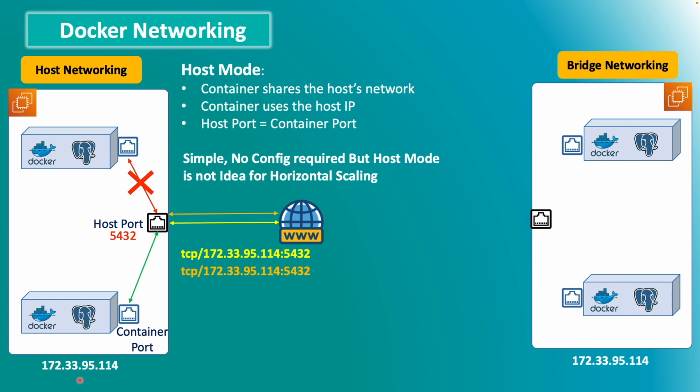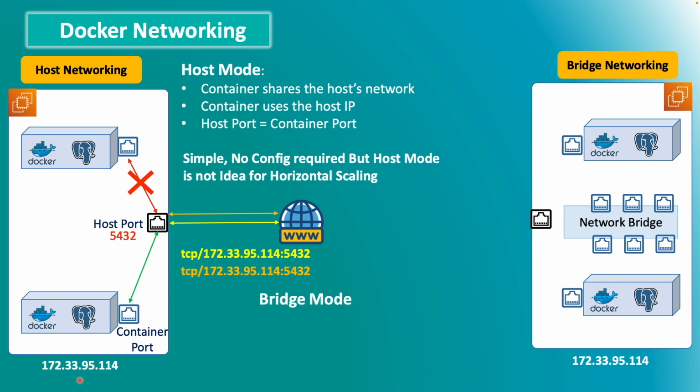In bridge mode, we create a new network bridge which allocates each container a dedicated private IP address. For our example in bridge mode, let's assume container 1, the bottom container, gets 10.100.75.135, and container 2 gets 10.100.72.130.